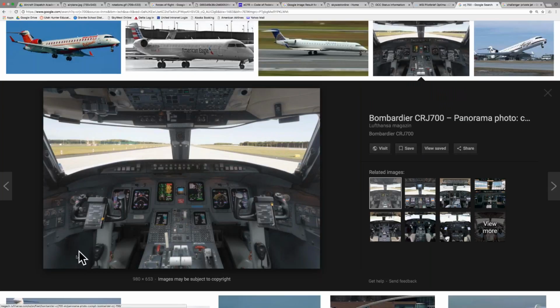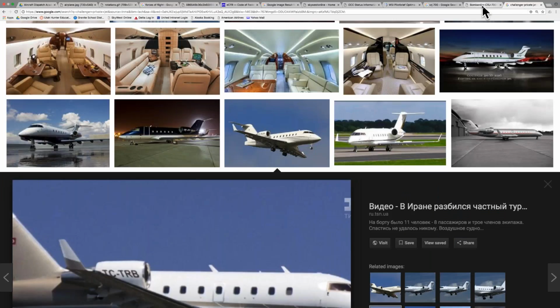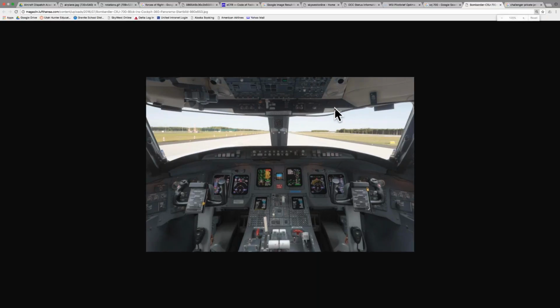You have the pilot in command, the PIC, on this left side. We also call him the captain. And then we have the second in command, or the first officer is what we also call them, in the right-hand seat here. I'm going to zoom in just a little bit here.